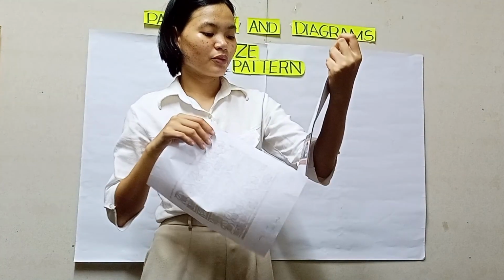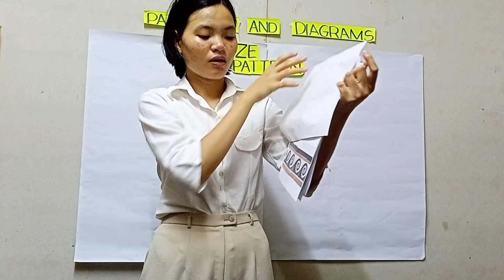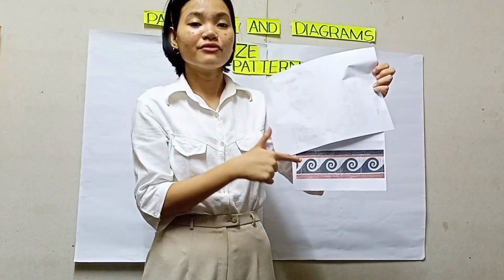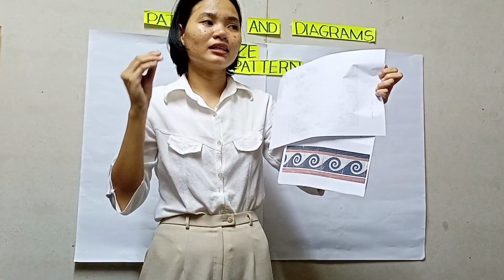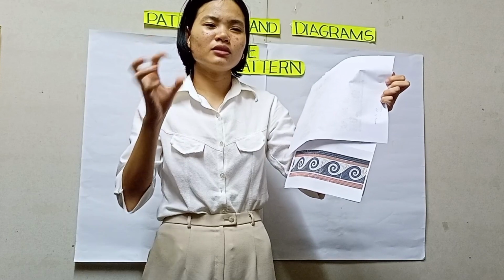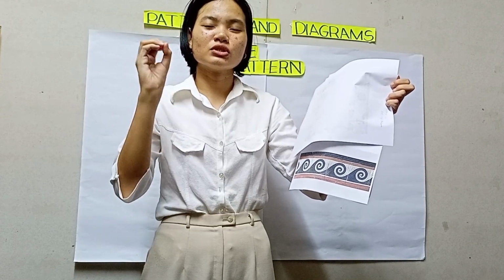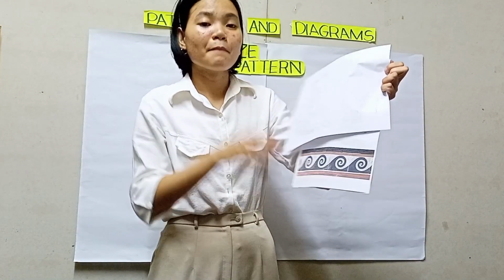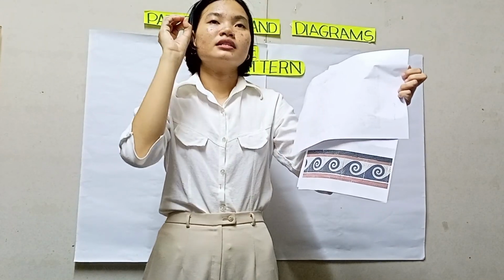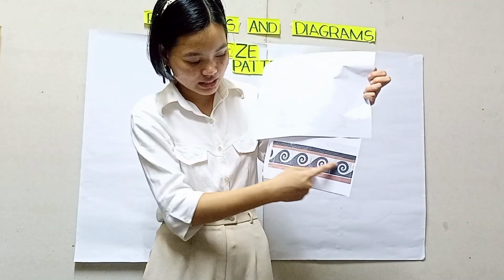The next example that we have is called the wave pattern. Although, as I have said earlier, the Frieze pattern doesn't always mean that the lines should be slanted, horizontal, or vertical lines, the pattern itself must show a vertical or horizontal arrangement, just like this.